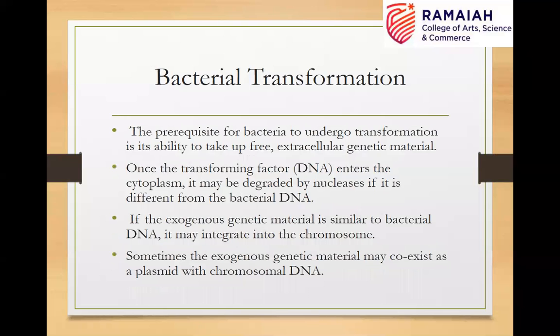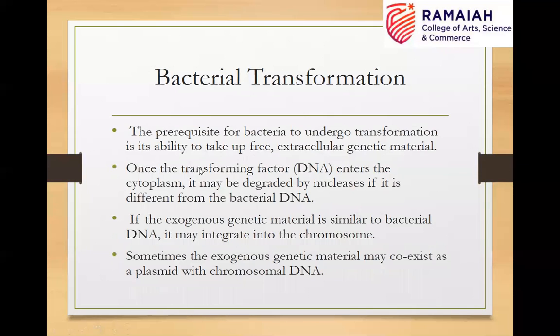So the prerequisite for this bacteria to undergo transformation is the ability of this organism to take up free extracellular genetic material. That means the bacteria should be in a condition to take up the external DNA inside the cell.